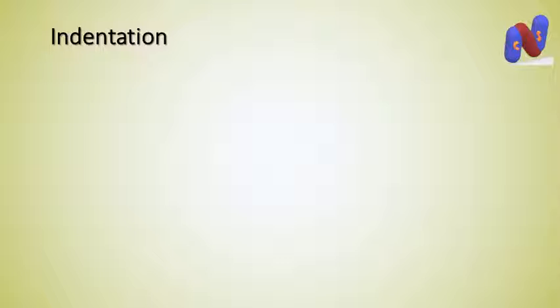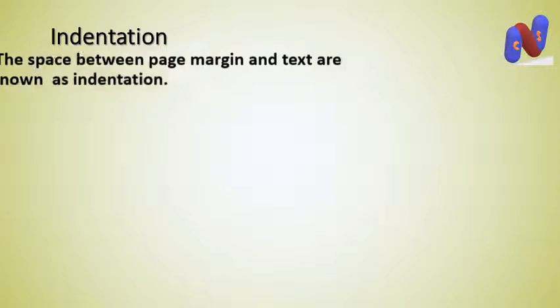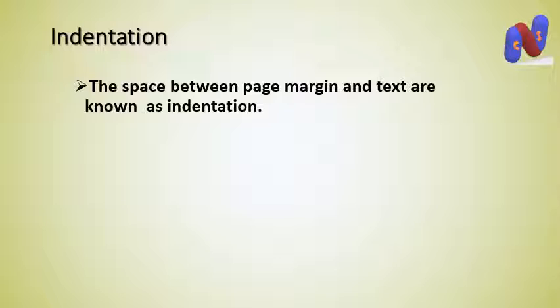Now indentation. The space between page margin and text is known as indentation. Here also you can see there's a space between the I of indentation and the T of the text, meaning the start of my first point is a little indented from the very first line where I have written indentation.